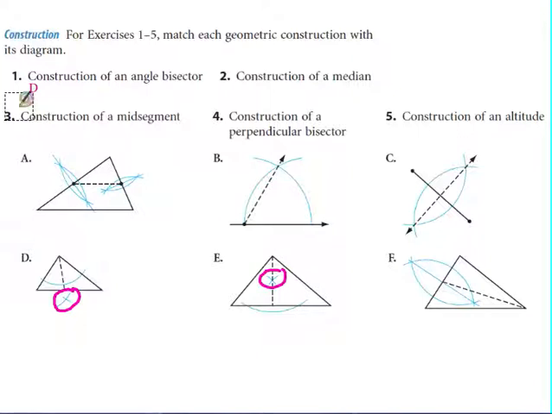Construction of a median. Now median, let's review. A median, yes, goes to the middle of the opposite side. Okay, so let me think. The middle of the opposite side. If I'm going to find the middle of something, I am finding the bisector of something. Okay? So which one of those would be the bisector of a segment?